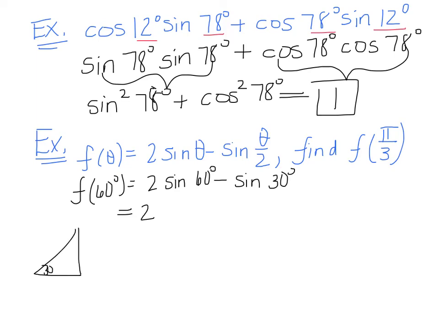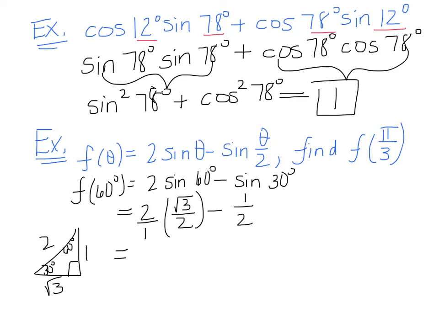So here's my 30, 60, 90 triangle. So across from 30 is always 1, that's 2, that's the square root of 3. So 2 times sine of 60 will be opposite over hypotenuse. And then sine of 30 would be opposite over hypotenuse.